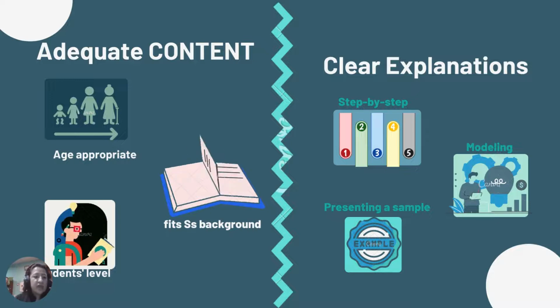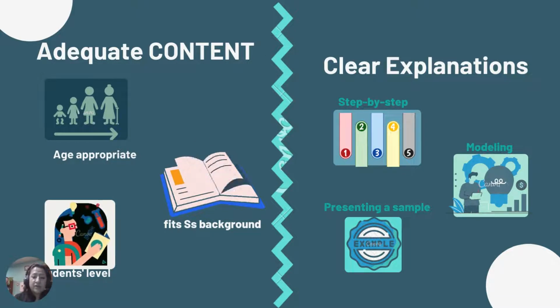The first one being the adequate content. Teachers need to be very careful in selecting the material they're going to present for the class. It needs to be age appropriate. Depending on the learner's age, the teacher will choose, and it will require the teacher to acknowledge beforehand what the student's educational background is, and the level the student is at.